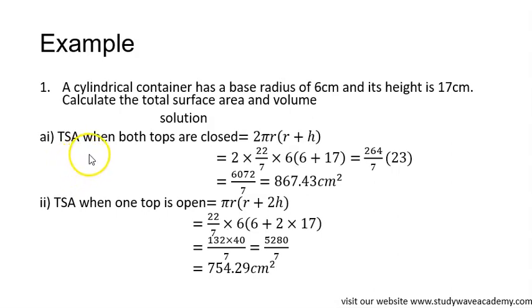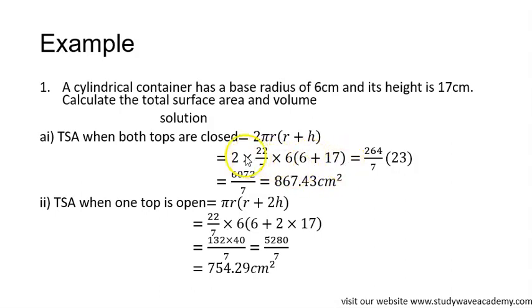So to calculate when both tops are closed, this is TSA, it means total surface area. Don't be confused. You write down 2 pi, and we said 22/7 is representing it, times r, which is 6, bracket r, again 6, plus the height, which is 17, bracket close.